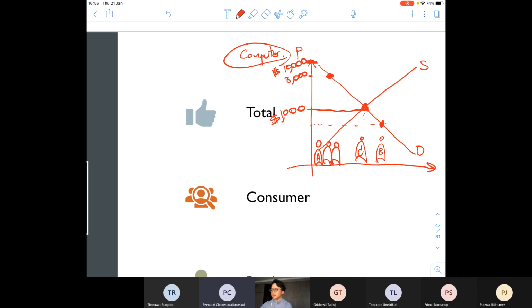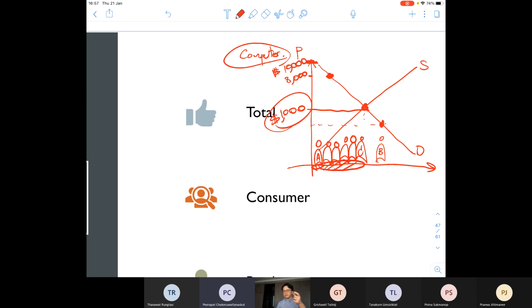So let's say that the price tag in the Apple shop is 1,000 US dollars. You can see that Mr. A would buy it anyway because it's cheaper than the price he is willing to pay. And these guys here, no matter how many they are, will buy it.